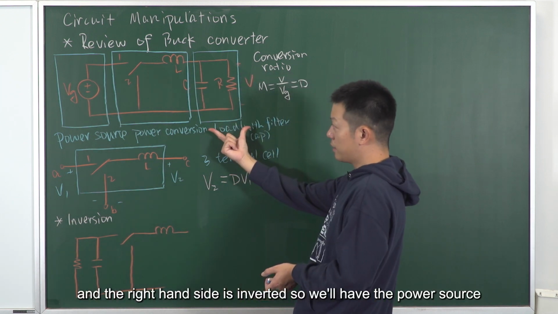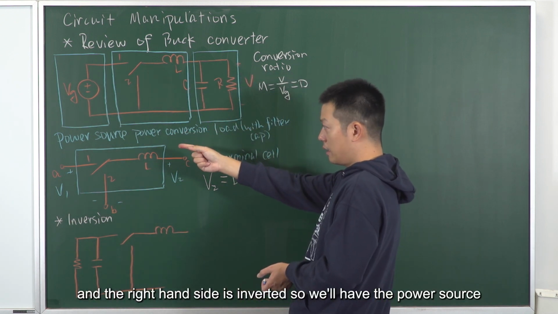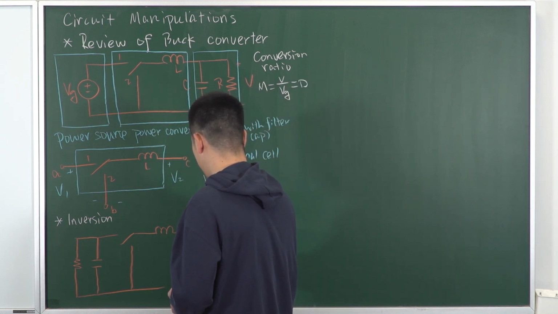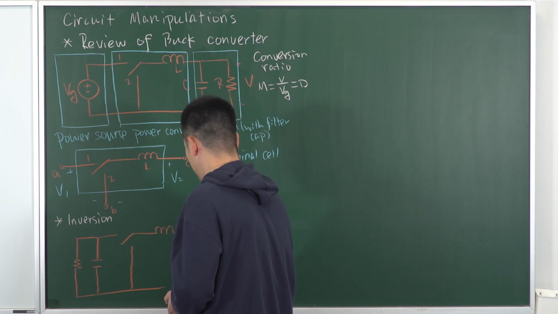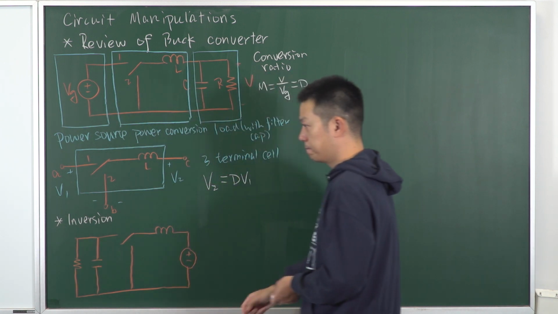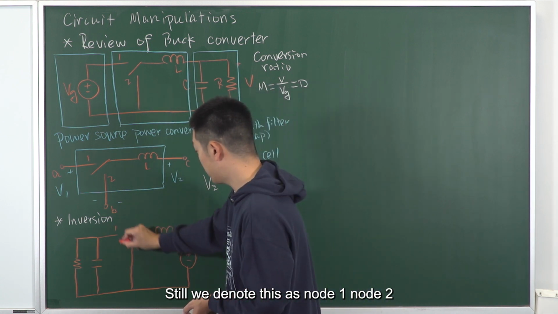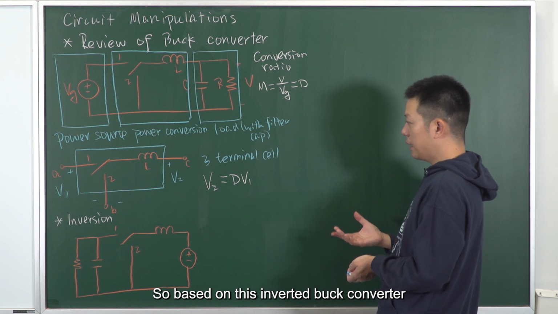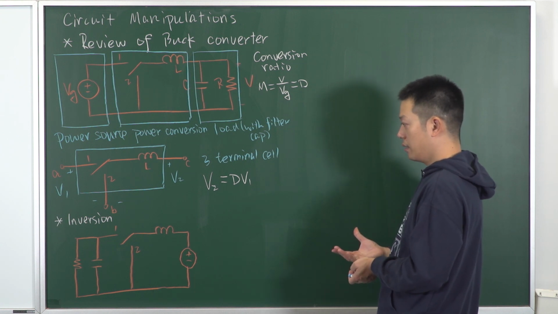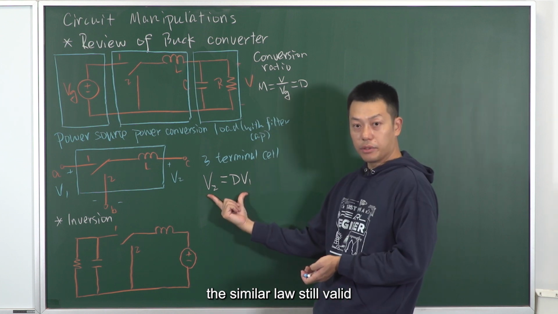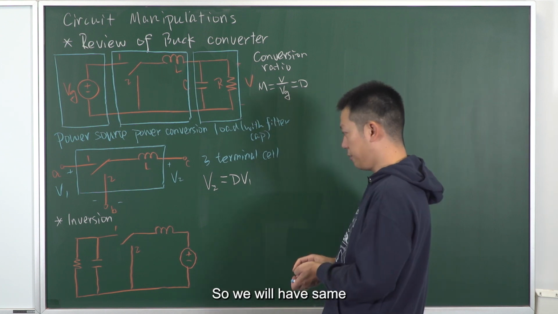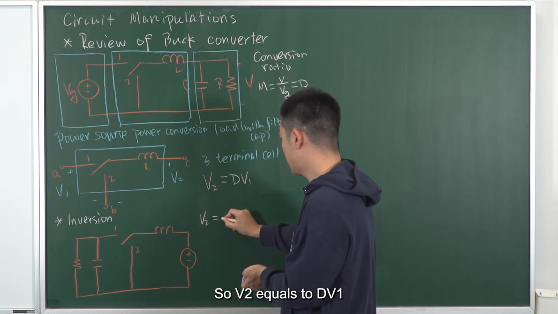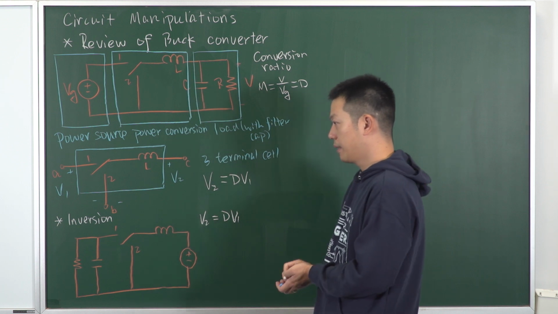And the right-hand side is inverted, so we'll have the power source. Still, we denote this as node 1, node 2. Based on this inverted buck converter, the similar law is still valid. So V2 equals D V1.